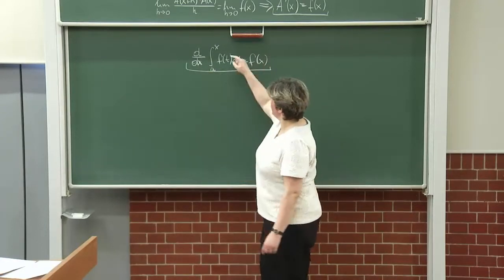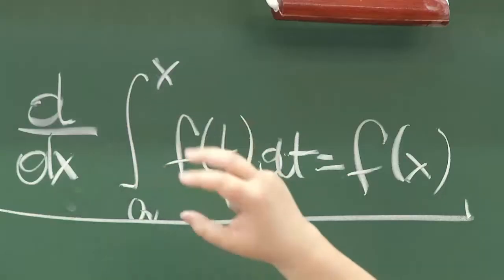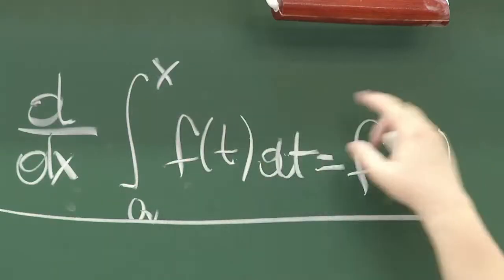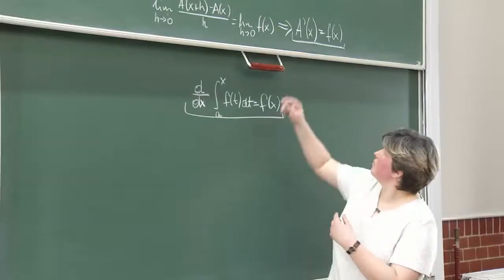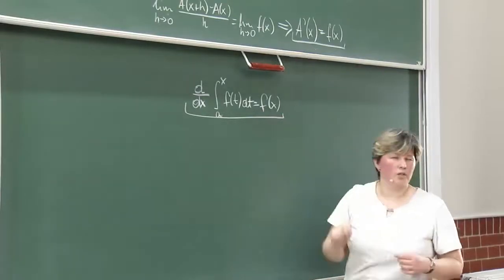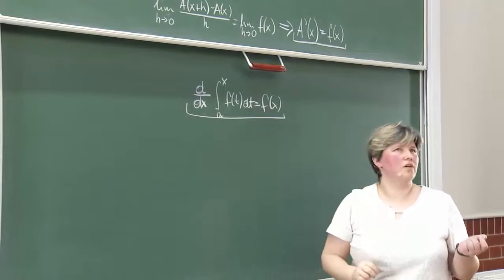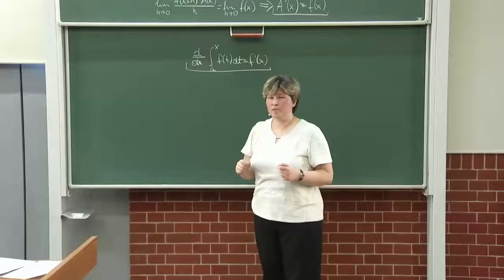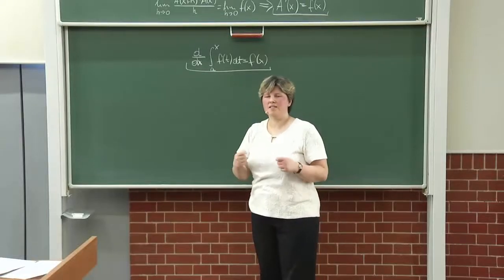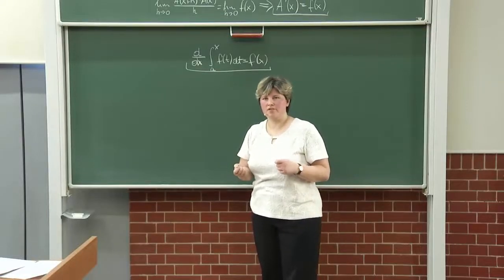It says that the derivative of an integral of a function is this function evaluated at the upper limit. This is where the connection comes in, and this expression here you should recognize as a definition of an antiderivative, because if A prime equals f, that means A is an antiderivative of the function f.